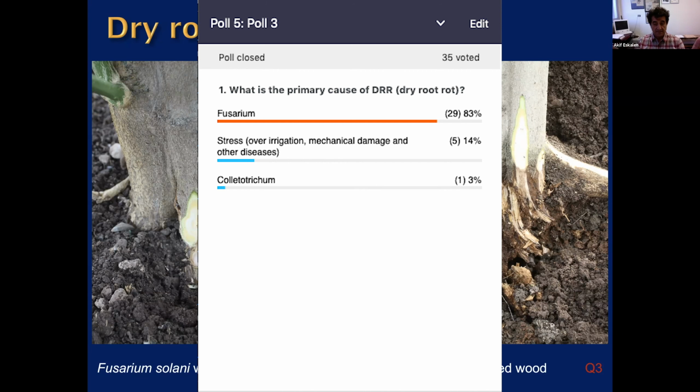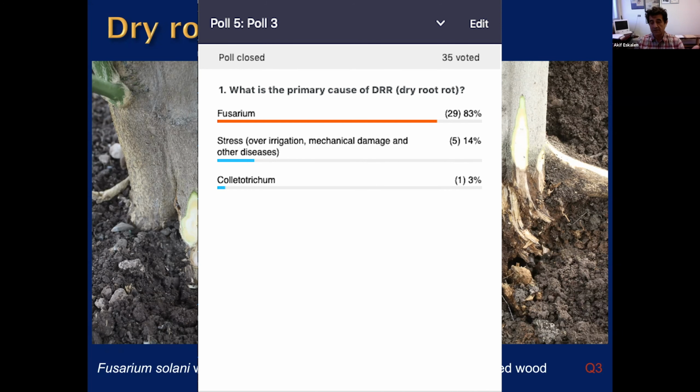Fusarium solani is a very common soil-borne fungus. It's everywhere, but it is not an aggressive pathogen. It is an opportunistic pathogen, which means when the right conditions come together in the plant and the environment, it can become an aggressive pathogen. What are those right conditions?